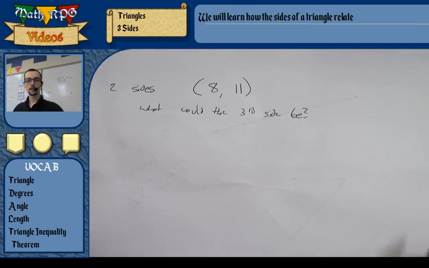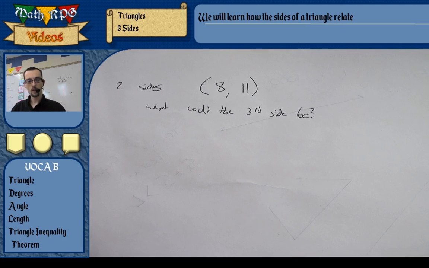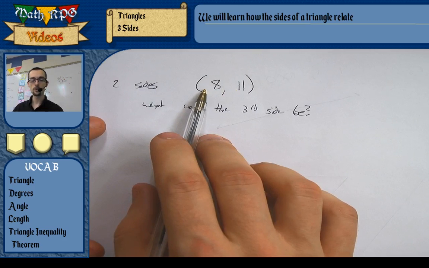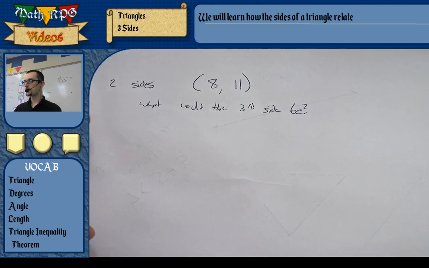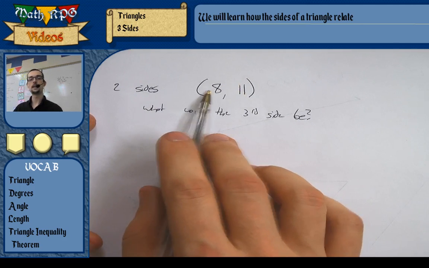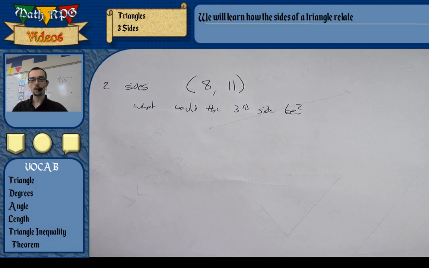So here's how we do this. There are two possibilities. Either I'm given the two short sides right here, or I'm given the long side and I'm looking for a shorter side. Let's take the first one first. Let's say that these are the short sides, and that my longer side is going to be longer than 8 and longer than 11.